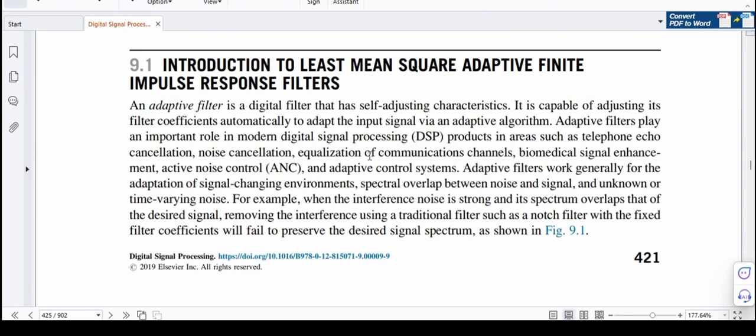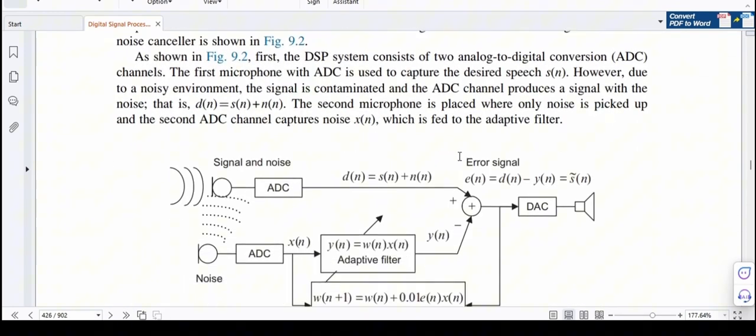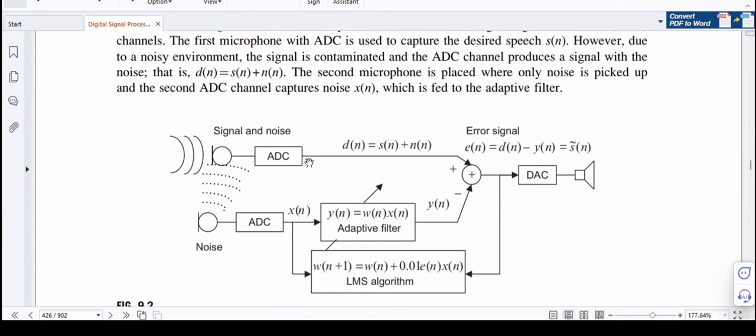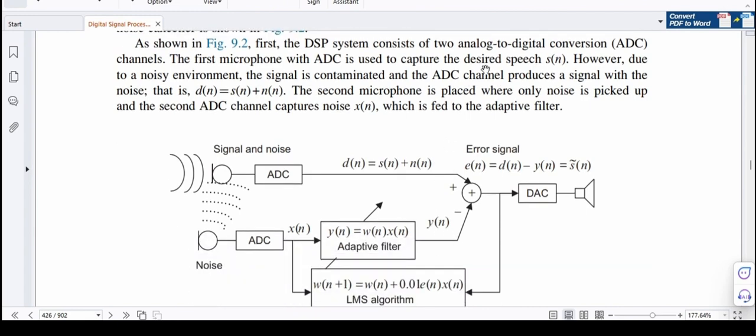Next there is an example: a DSP system that consists of two analog to digital channels. First, a microphone with ADC is used to capture the desired speech, s(n).